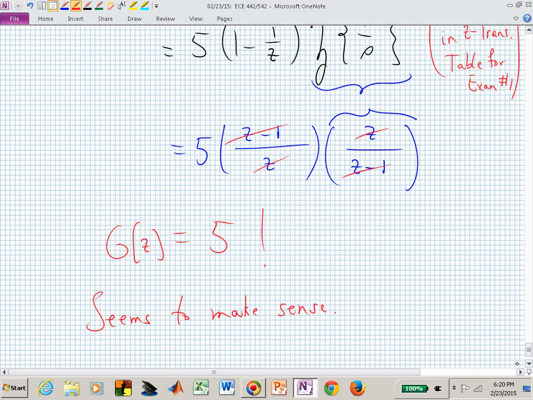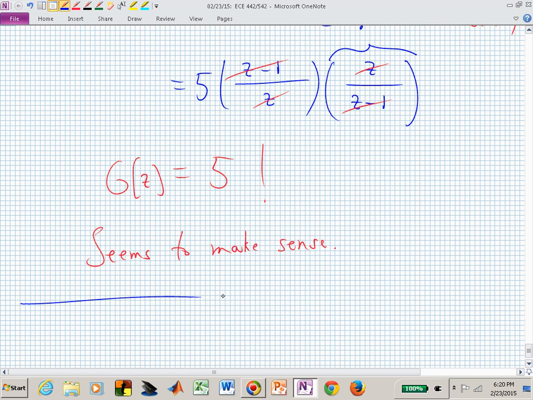If I gave that to you on an exam, that would be a very big gift. If I said, find the zero order hold equivalent of a gain, you could write G of Z equals that gain, couldn't you?